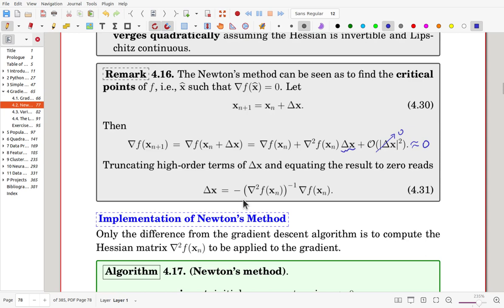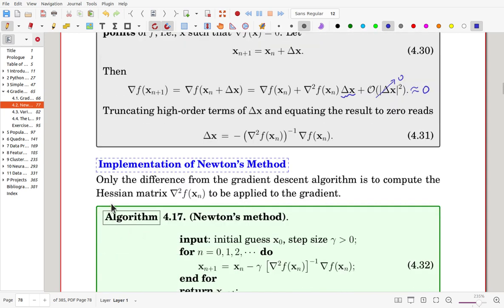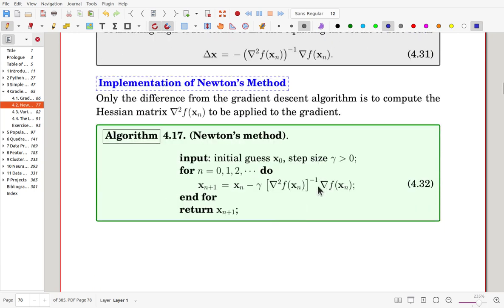Okay, we have here the implementation of Newton's method. Newton's method is almost the same as the gradient method. The difference is the appearance of the Hessian inverse.